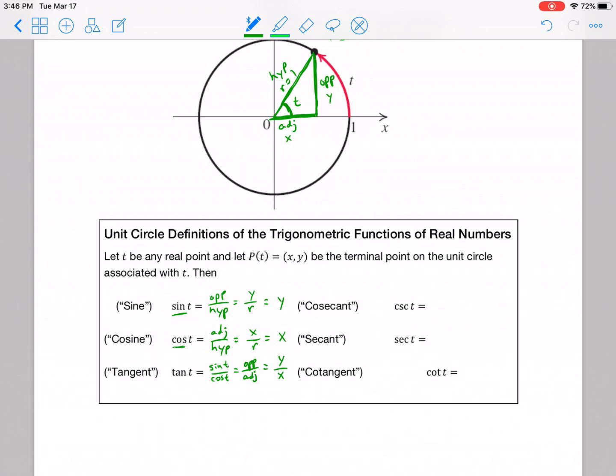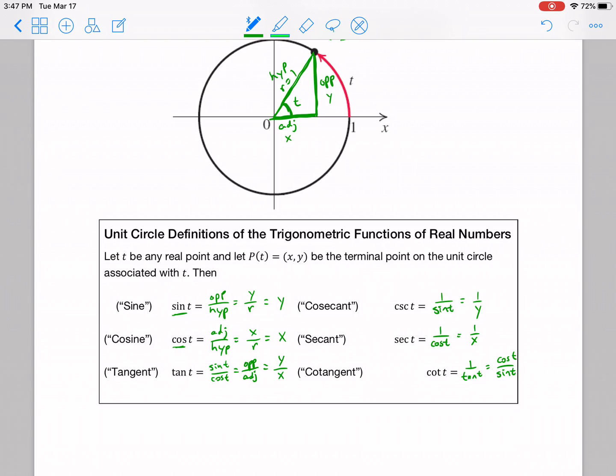This is 1 over the sine of t, which means instead of being y, it's going to be 1 over y. We can have the secant, which is the reciprocal of the cosine, 1 over cosine, which will just give us 1 over x. And then we can have cotangent, which will equal 1 over tangent of t, which will just be cosine t over sine t.